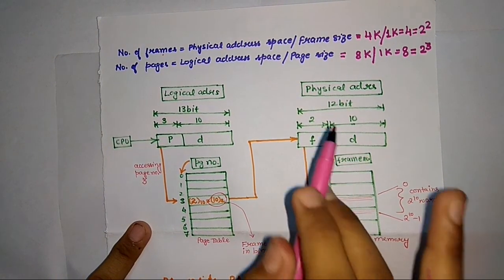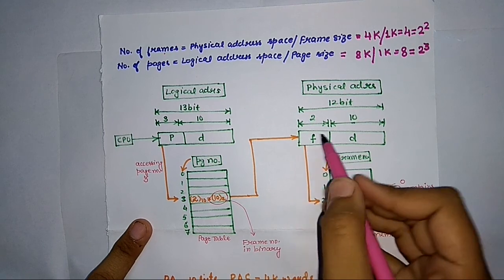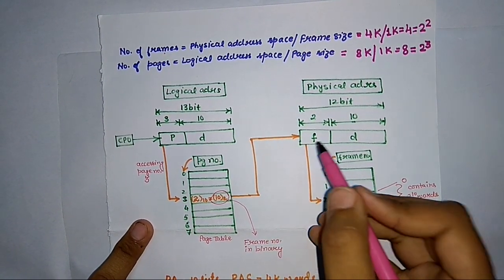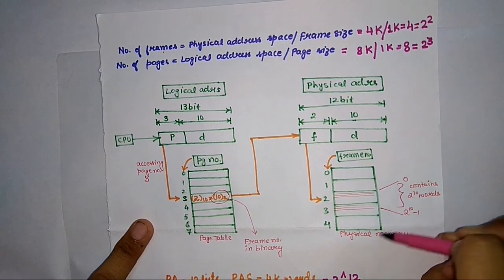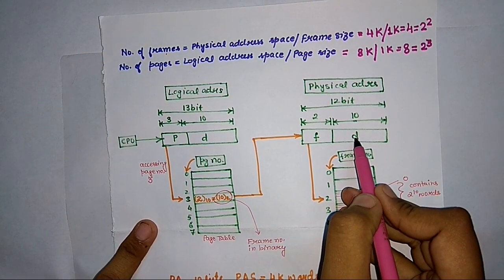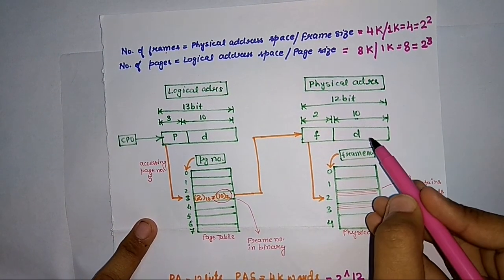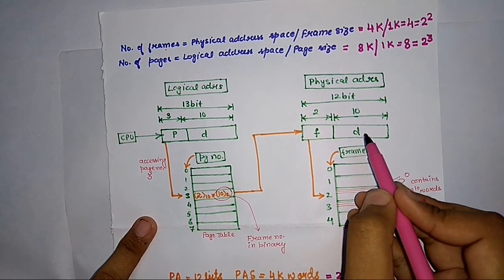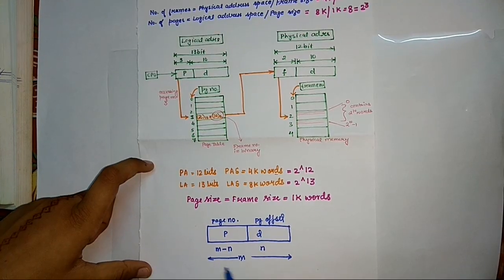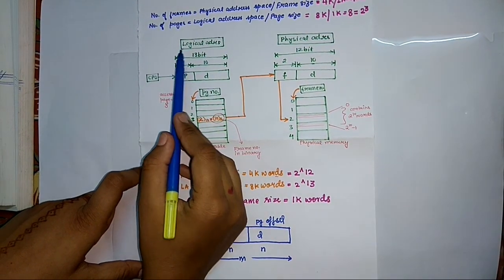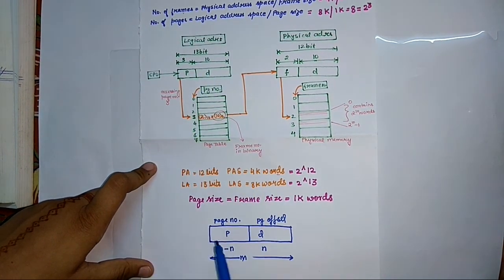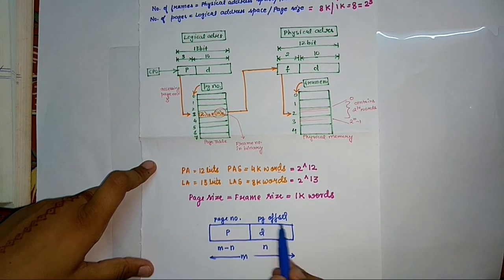And the physical address space is divided into two parts, F and D. Here F represents the page frame number, that is the number of bits required to represent the frames in a physical memory. Similarly, D represents the frame offset, which is the number of bits required to represent a particular word in a frame. Using this diagram, I'll explain how we divide the logical address space into P and D, the page number and page offset.